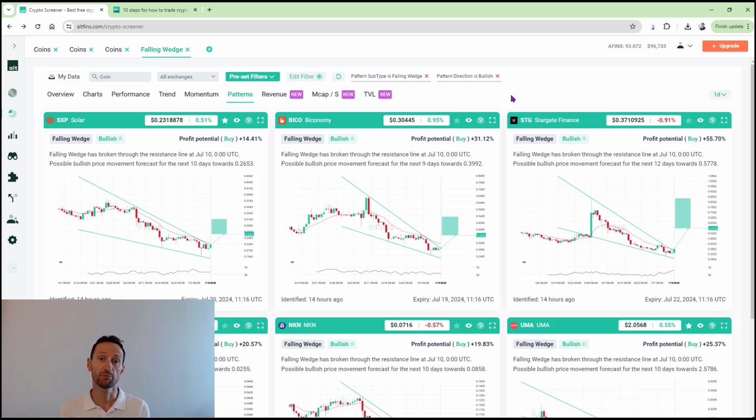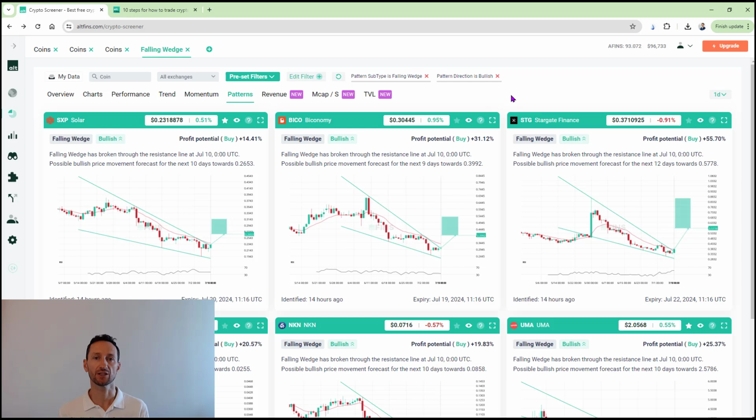The breakouts typically happen in the direction of existing trends. So in this case, this is a trend reversal pattern, which is a higher risk pattern, frankly, because we're betting that the downtrend will reverse, at least temporarily. The price will go up.